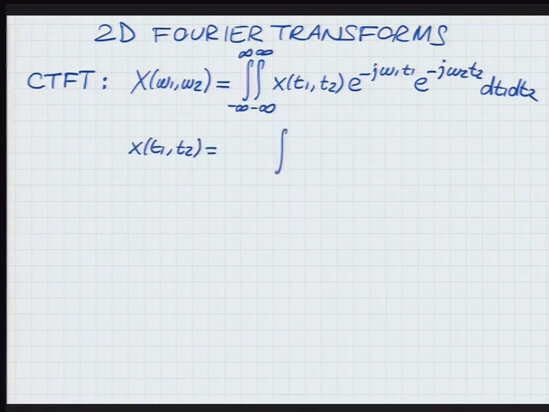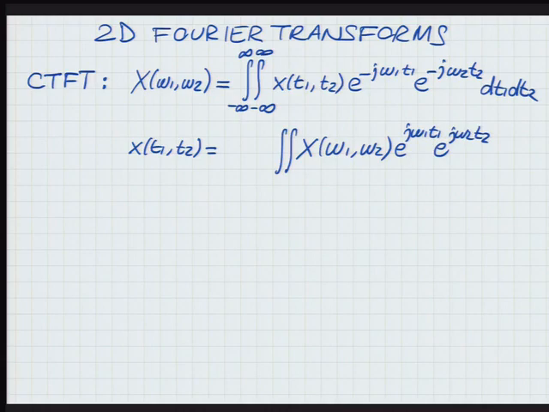Now you integrate big X of omega 1, omega 2, and what should I multiply it with before integrating? e to the j omega 1 t1, e to the j omega 2 t2, and I integrate over omega 1 and omega 2, and both go from negative infinity to infinity.